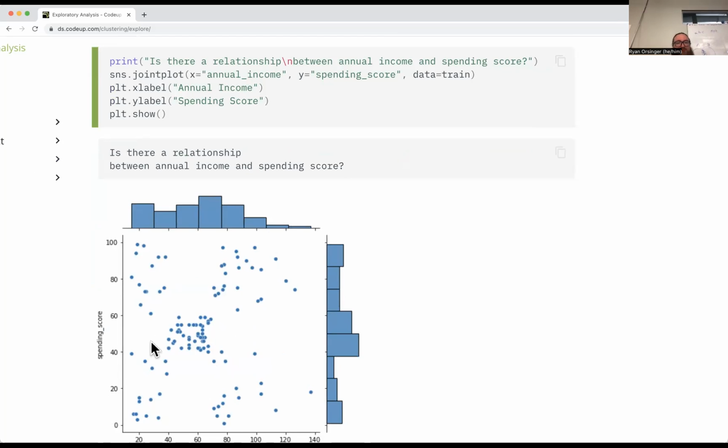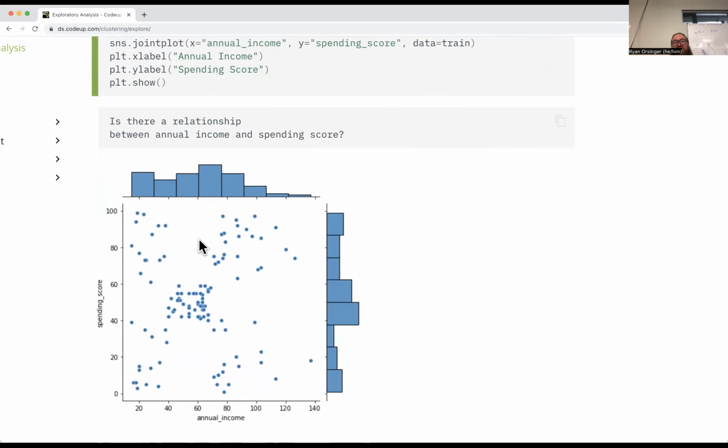What we're doing right here with the Seaborn joint plot, a joint plot is a scatter plot that has a histogram for each one of the axes. That's all that we're looking at. So we have annual income by spending score, and then across the x-axis is this annual income distribution, and across the y-axis is the spending score distribution.